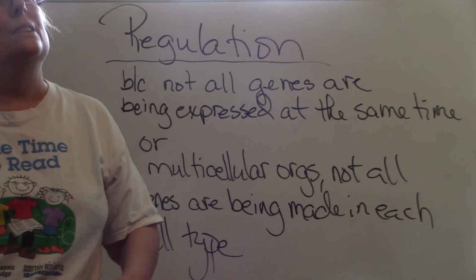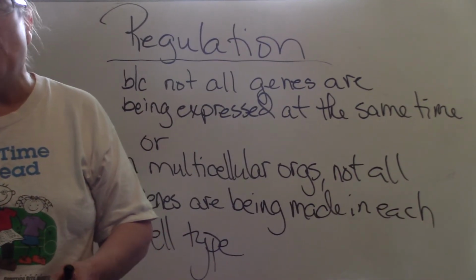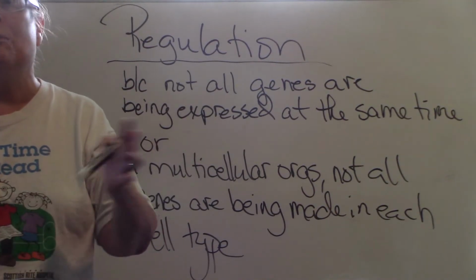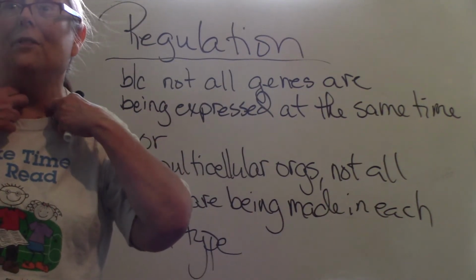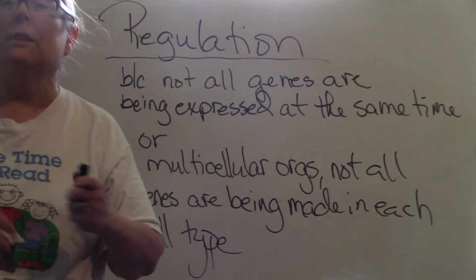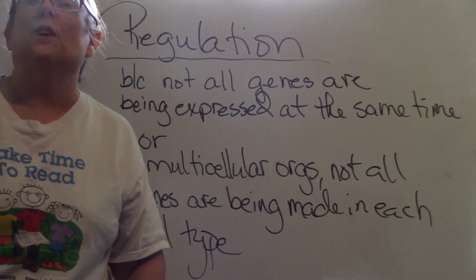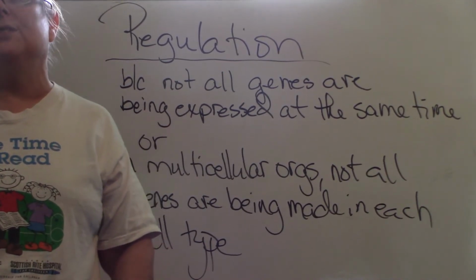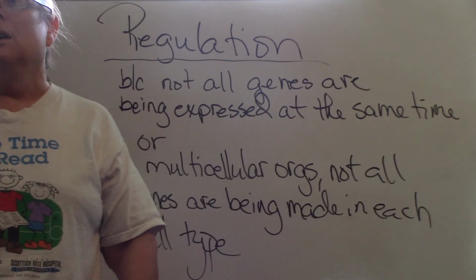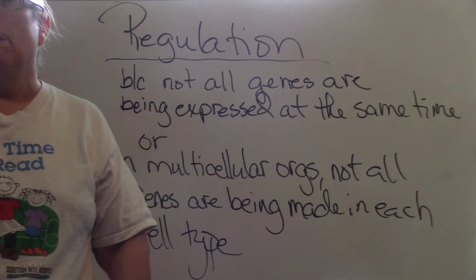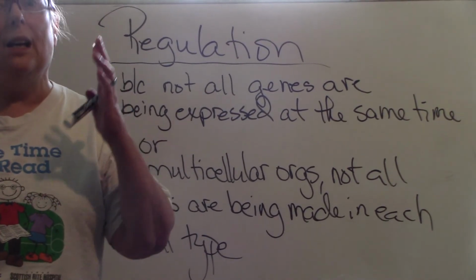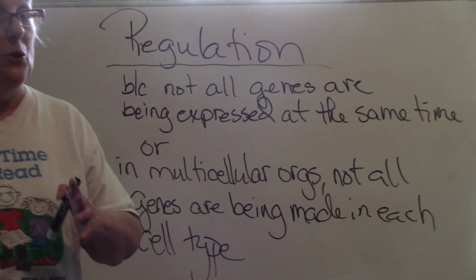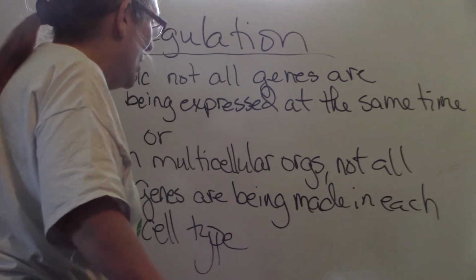Oh, and again, there's some for saving energy as well, because there's no need to make a protein that's not being used. But a lot of it allows for, and let me put this in a short form, a diversity of cell types in multicellular organisms. Should I say that again? Regulation allows for a diversity of cell types in multicellular organisms.